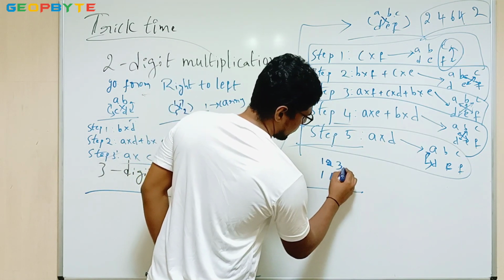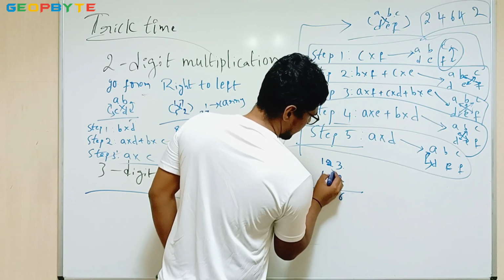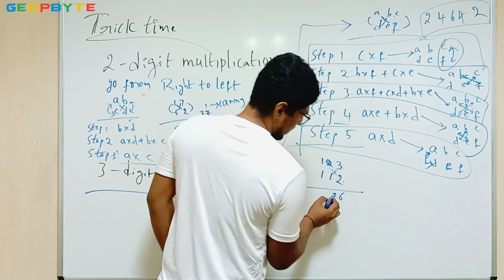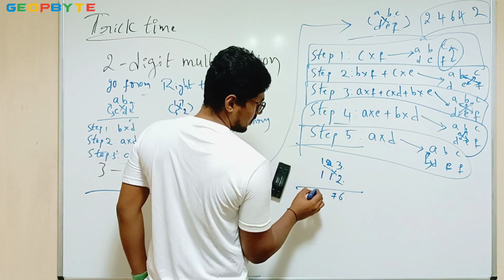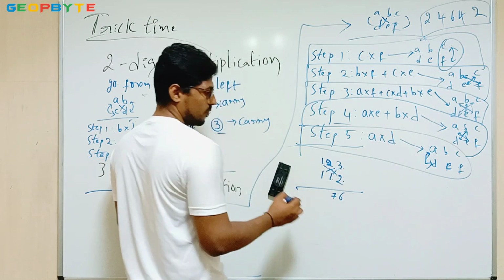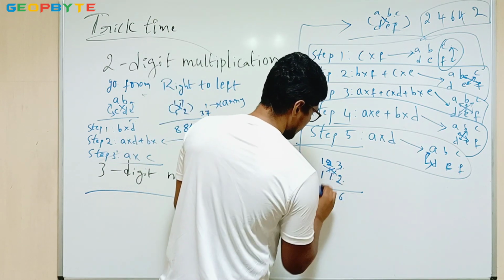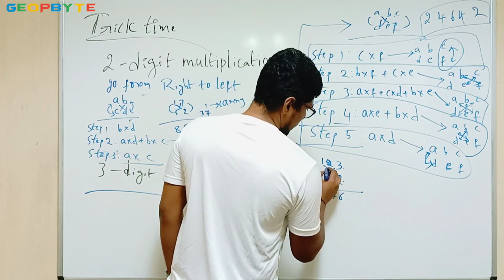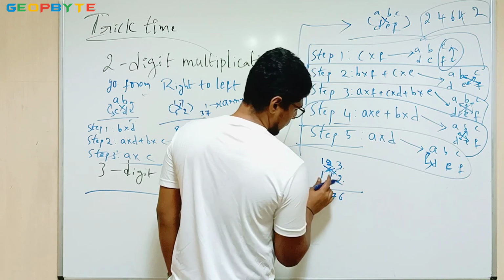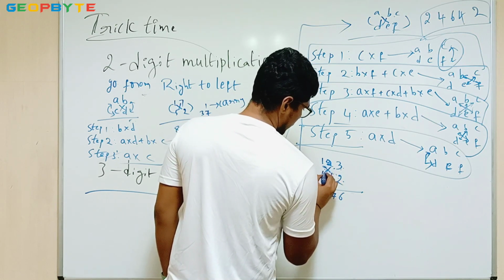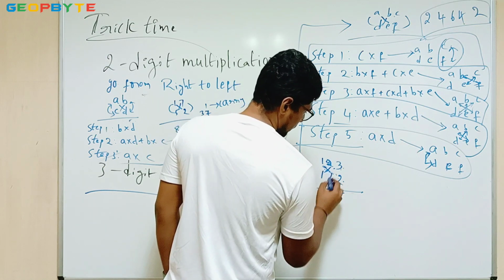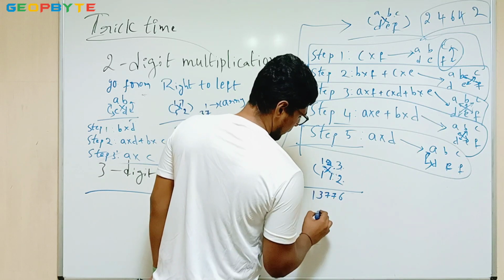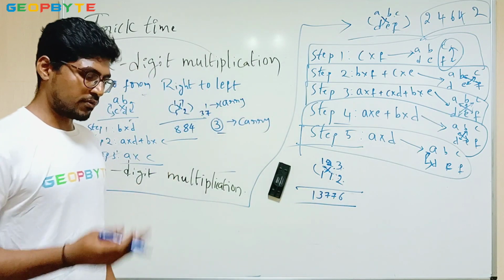First of all, I have to do 2 into 3, 6, and then 4 plus 3, 7, and then I have to multiply these ones, 1 2 is 2 plus 3 1 is 3, 2 plus 3, 5 plus 2, 7, and then I have to multiply these two, and then these 4, 1 plus 2, 3, then finally by these 2, 1 into 1, 1. See, 1 3 7 7 6, this would be my answer, and that's it.